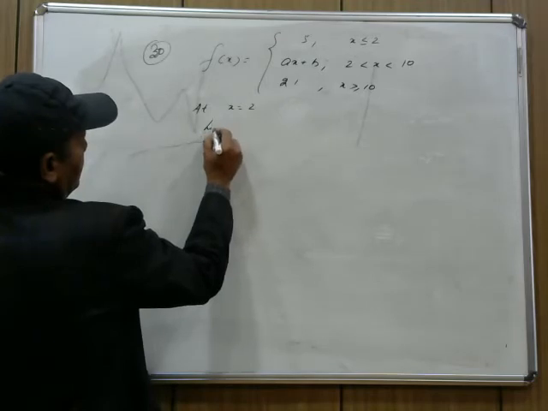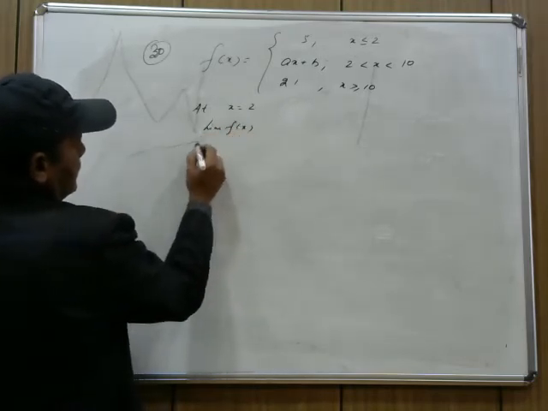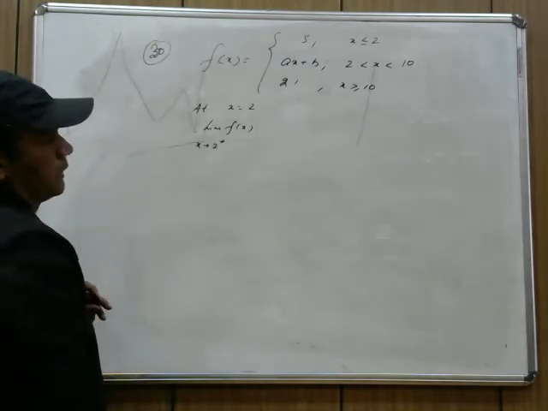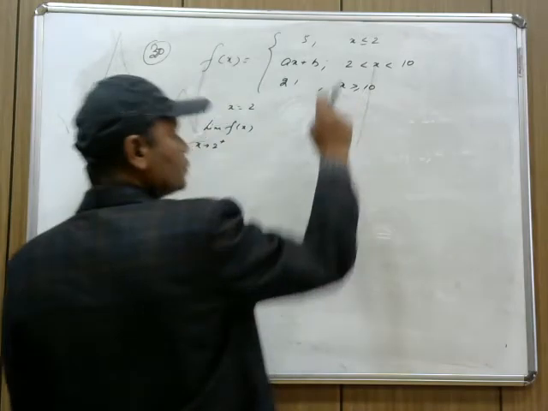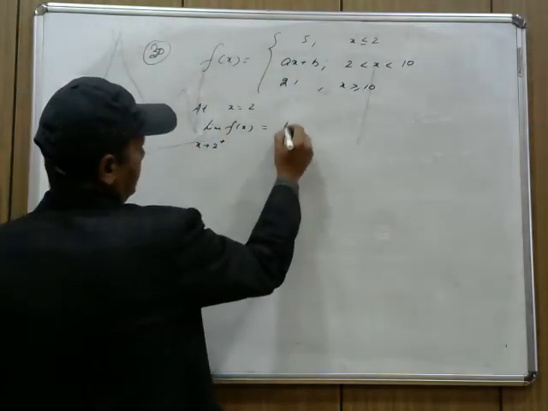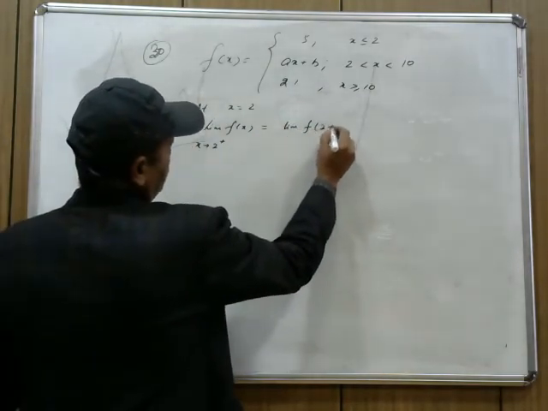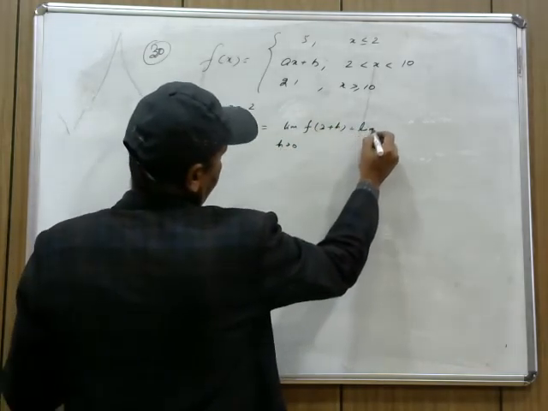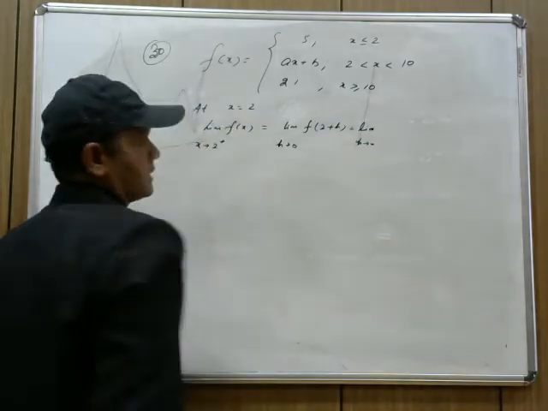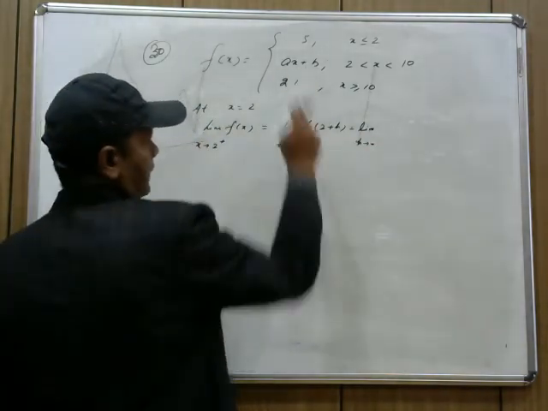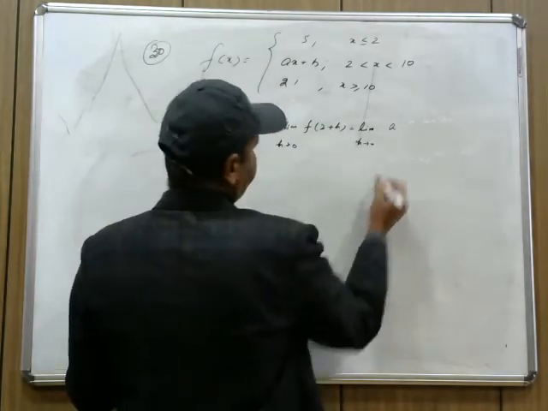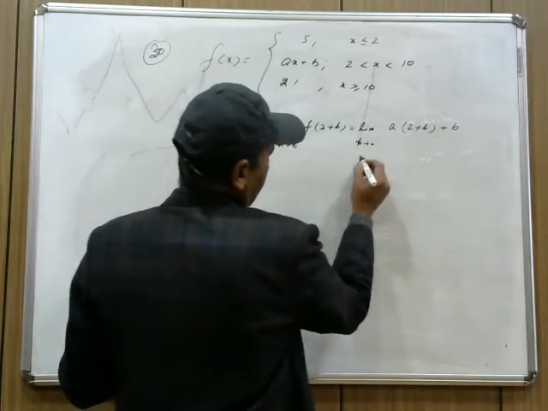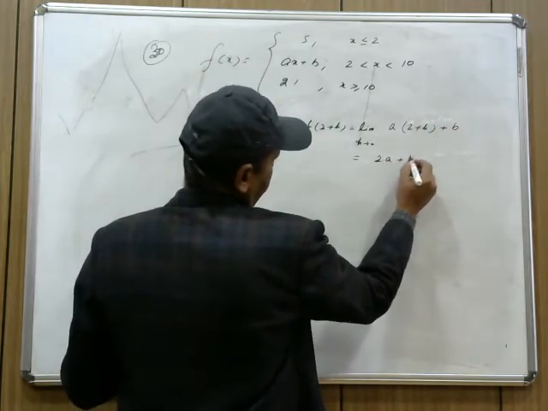Now the limit of f of x as x tends to 2 plus, that means when x is greater than 2. The limit of f of 2 plus h as h tends to 0 uses the function ax plus b, so a times (2 plus h) plus b, and that will give you 2a plus b.